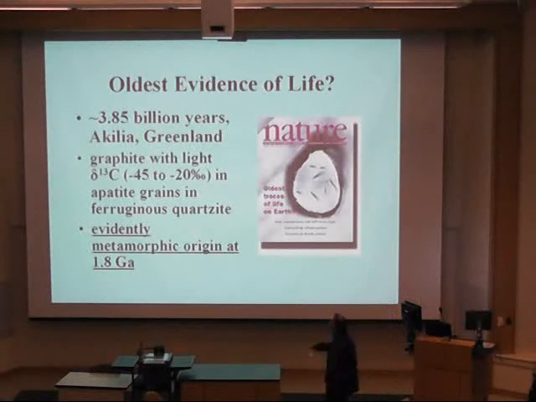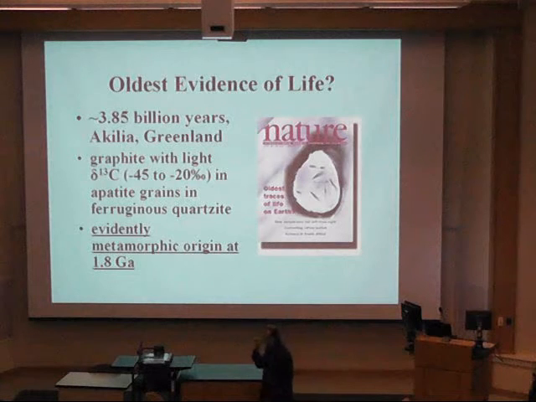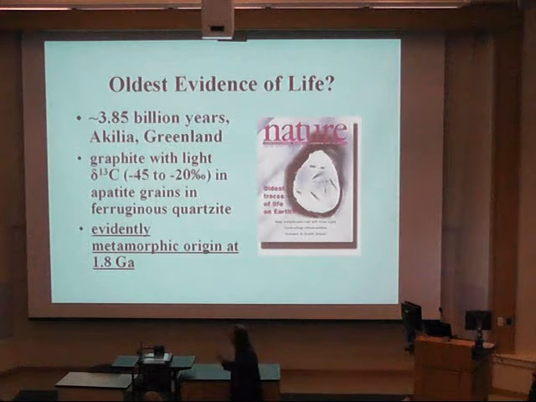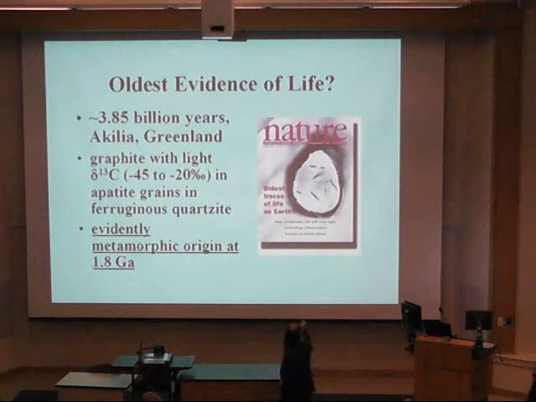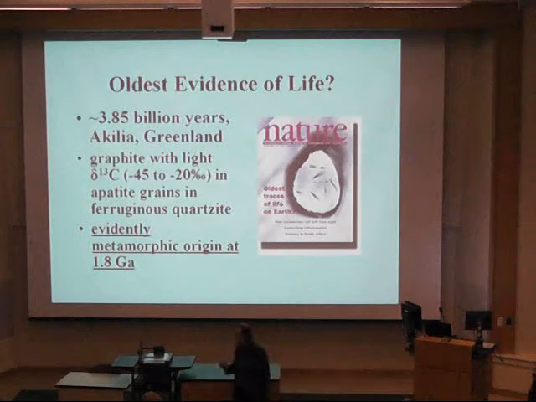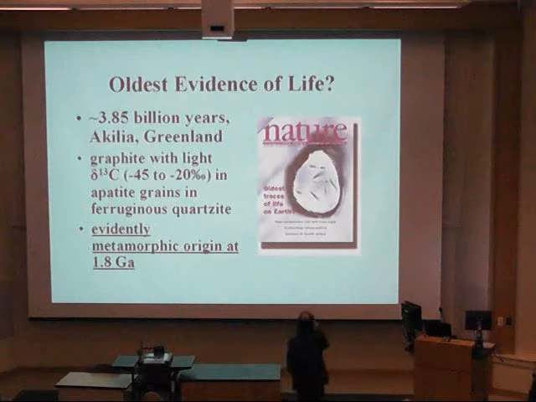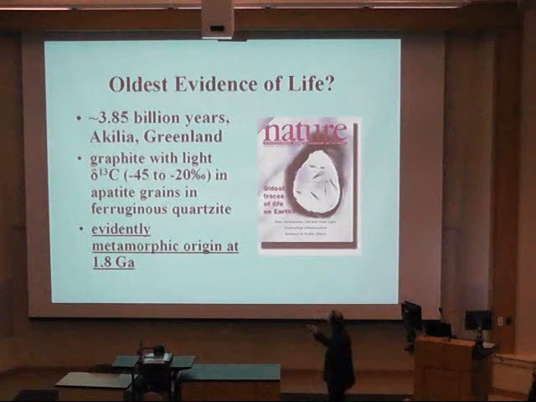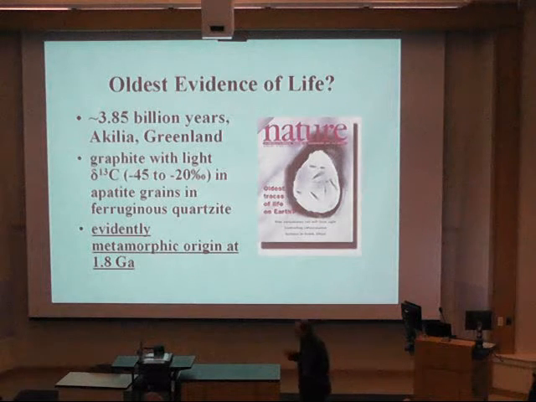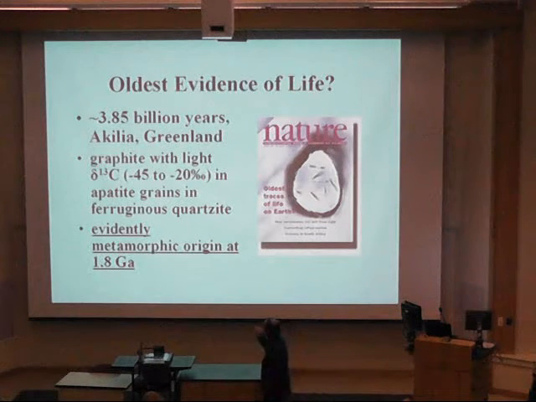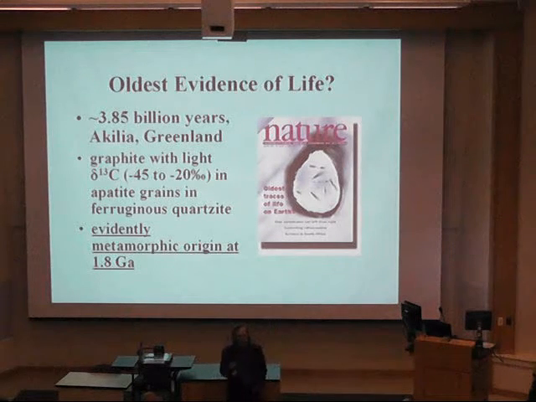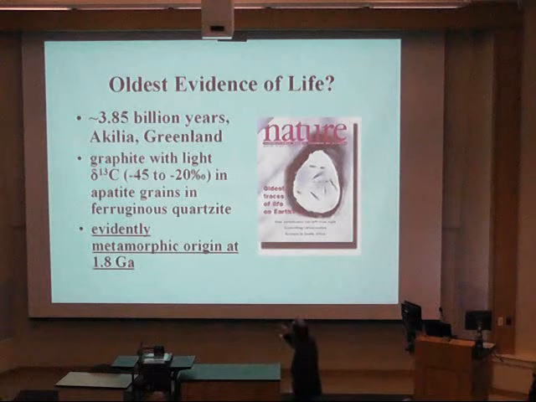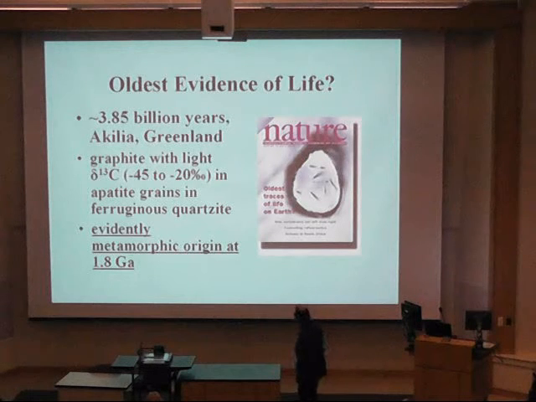This is the oldest purported evidence of life on Earth. Supposedly graphite crystals, crystals of pure carbon inside apatite grains, crystals of calcium phosphate, were allegedly found within a metamorphosed sedimentary rock, and these graphite crystals contain a carbon isotope ratio that's about the same magnitude as that produced by modern photosynthetic organisms.